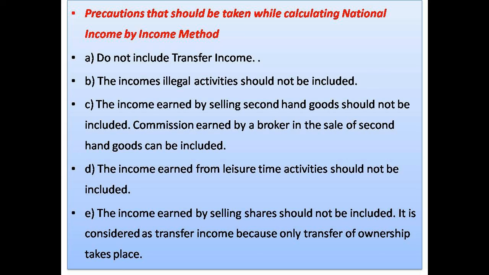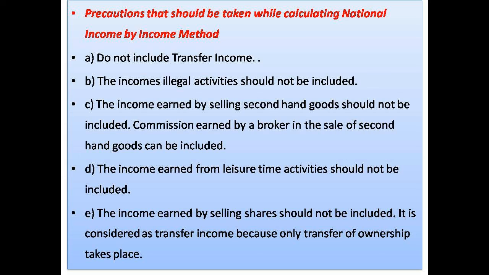Brokerage on the selling of second-hand goods can be included. Income earned from leisure time activities should not be included. And finally, income earned by selling shares of firms should not be included.